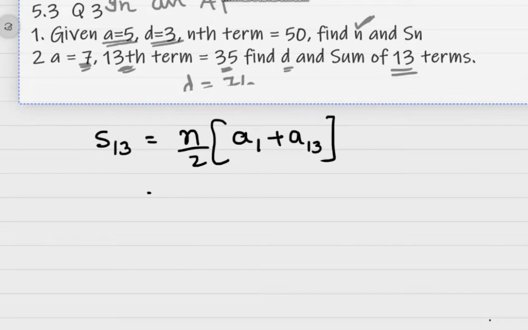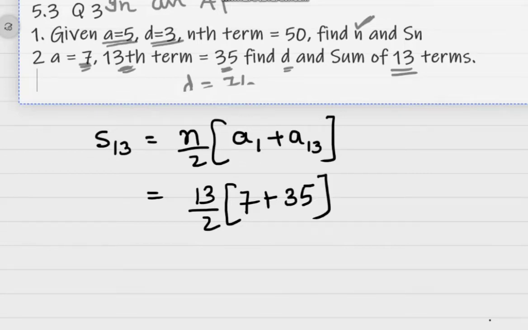Okay. Now see, n is equal to how much? 13 terms now. So 13 by 2 multiplied by your first term, which is 7, plus your 13th term, which is 35. So what are you getting? 13 by 2 into (35 plus 7). 35 plus 7 will be equal to 42.